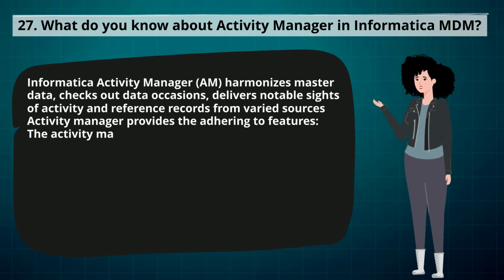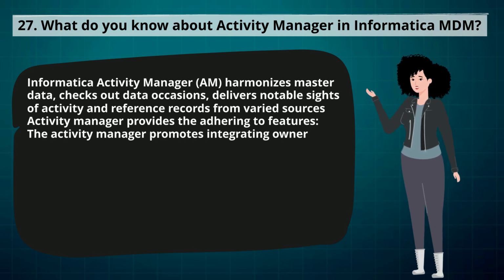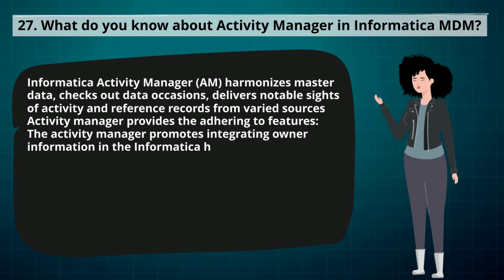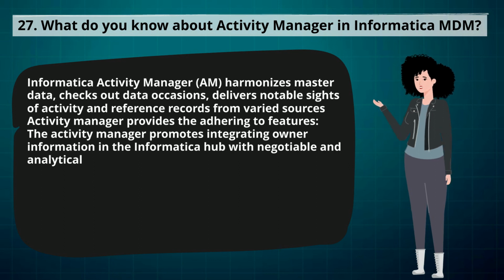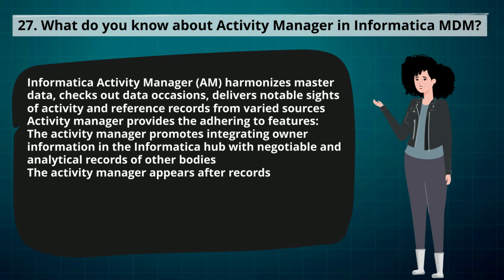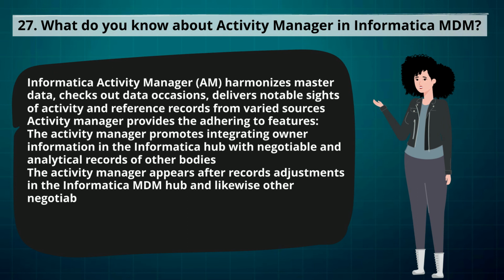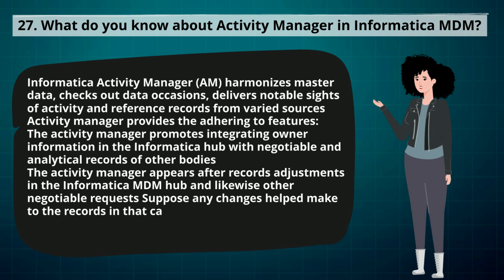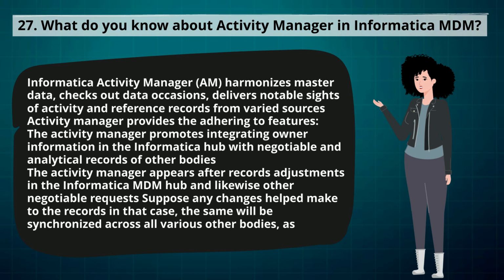The Activity Manager promotes integrating master data in the Informatica Hub with transactional and analytical records of other systems. The Activity Manager looks after record changes in the Informatica MDM Hub and also other transactional applications. If any changes are made to the records, the same will be synchronized across all other systems as well.